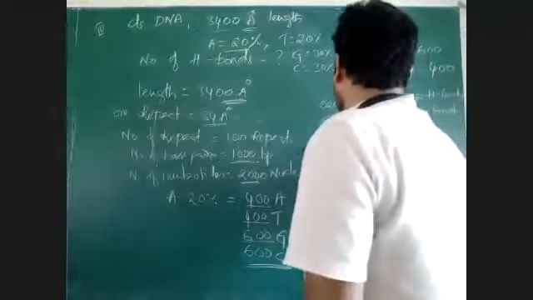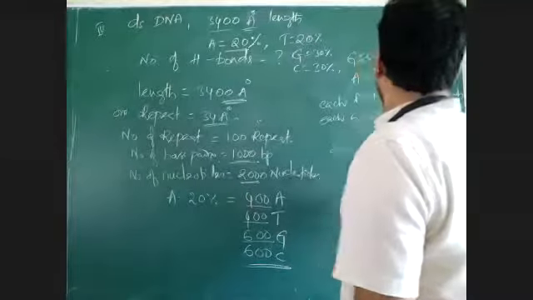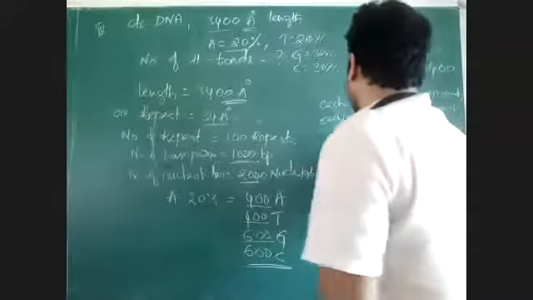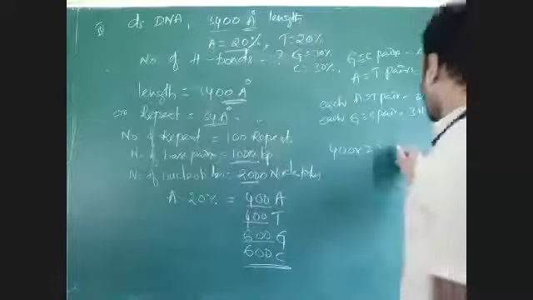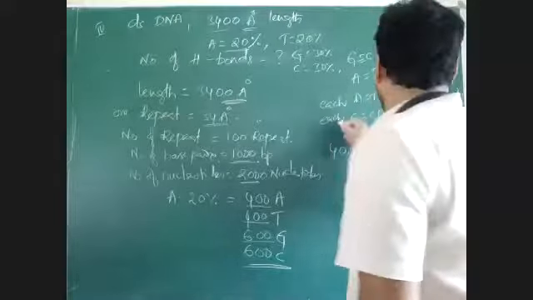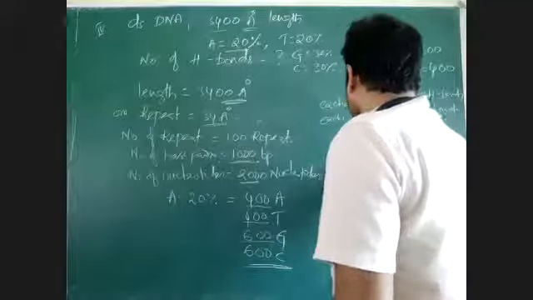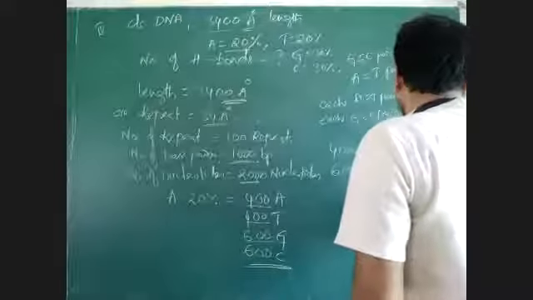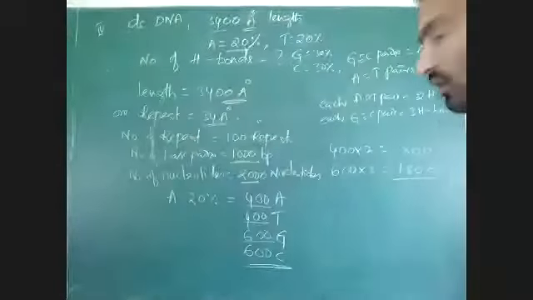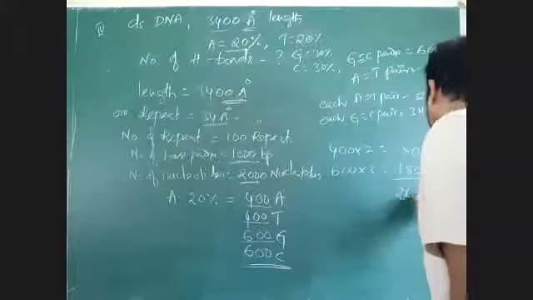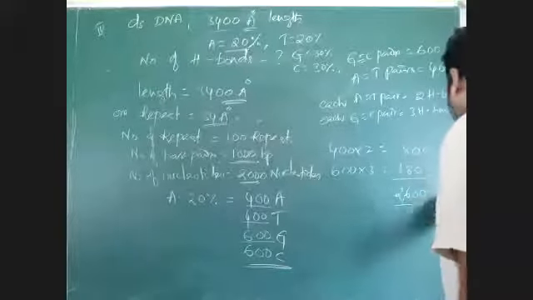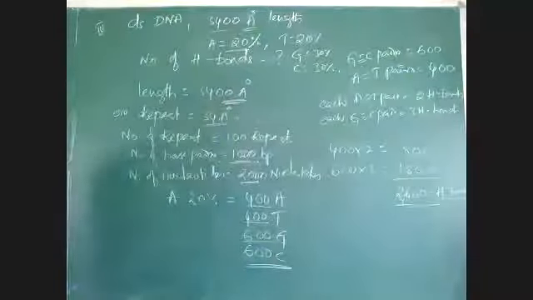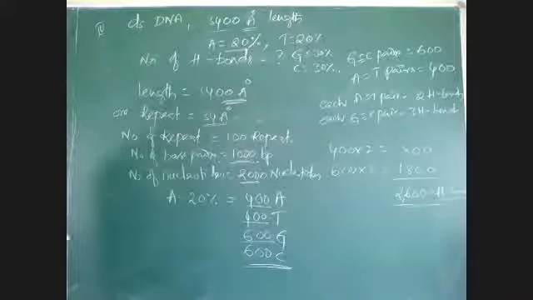So AT pairs, 400 into 2 means 800. GC pairs, 600 into 3, 1800. Total there will be 2600 hydrogen bonds.